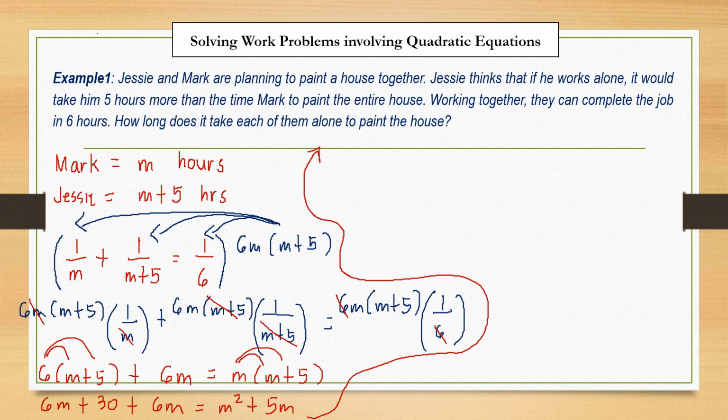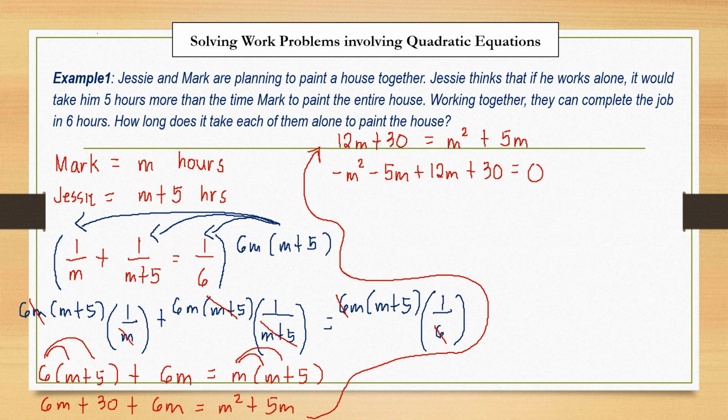Okay, let's continue here. Combining like terms, we have 12m plus 30 is equal to m squared plus 5m. Moving all terms to the left side of the equation, we have negative m squared minus 5m plus 12m plus 30 is equal to 0.